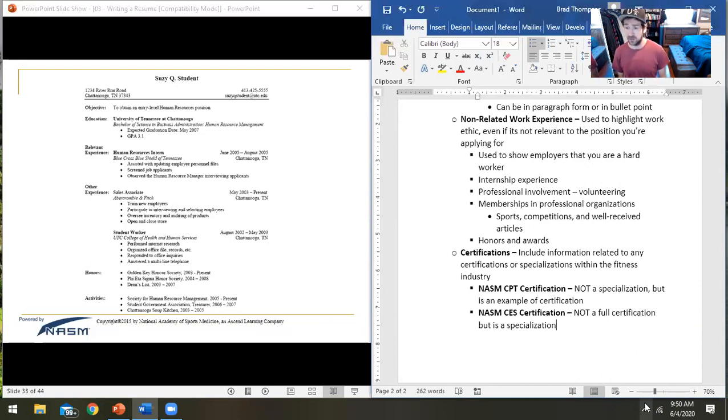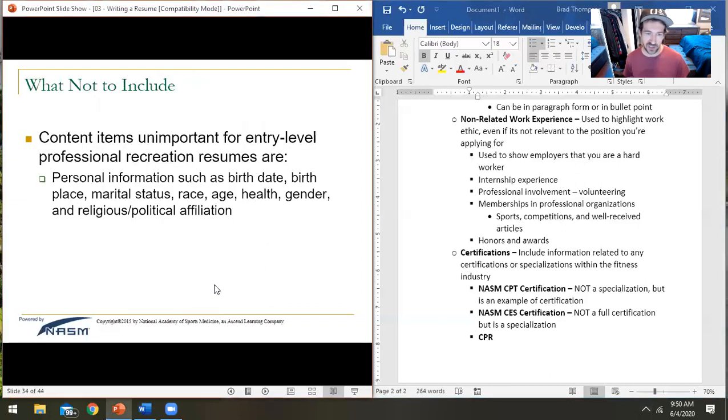So you're going to need to know how to list those out separately, and that's definitely something we include, and even things like CPR, right? Me personally, I don't like to put CPR in my certifications section. Number one, I wouldn't be able to be certified without CPR, so anybody who's hiring me as a personal trainer should know that. So I put very little emphasis on CPR.